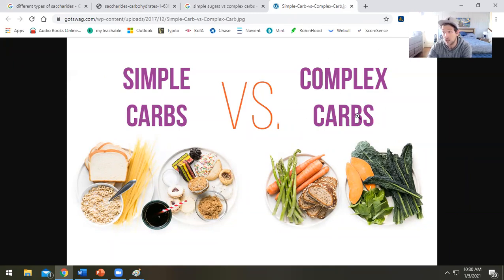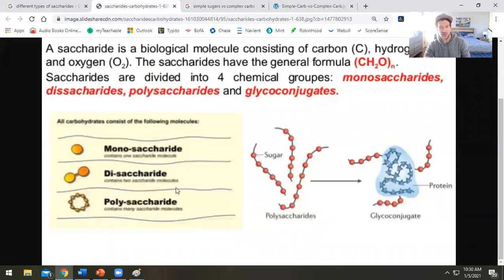Potatoes are a complex carb full of starch. And that starch is going to be a big, long, complicated chain. And it looks like this, right? Look at how long this chain is. If it was just one, that's a monosaccharide. Two would be a disaccharide, and then a big, long chain, right?